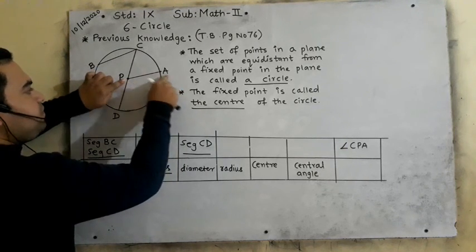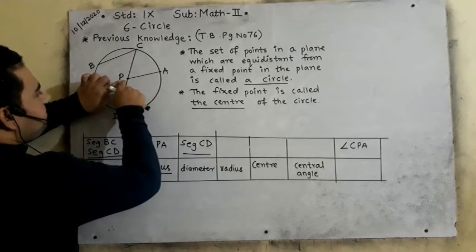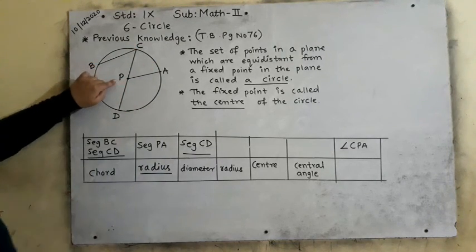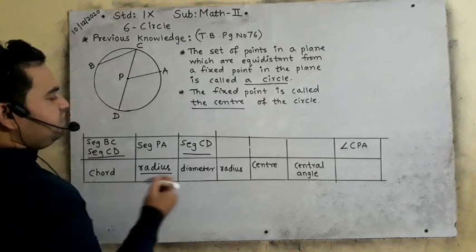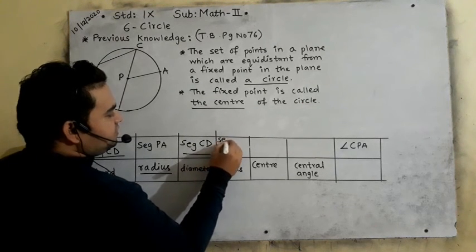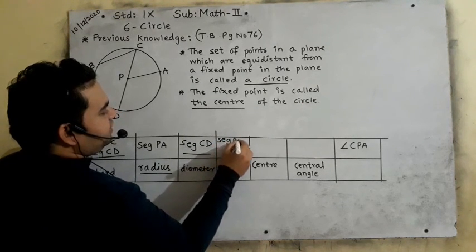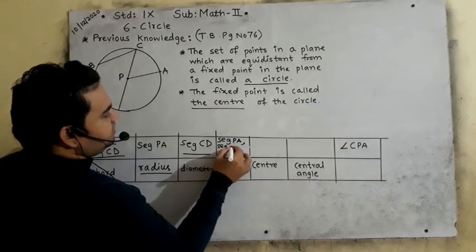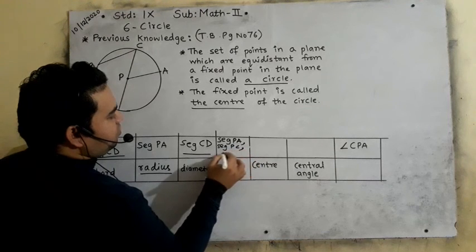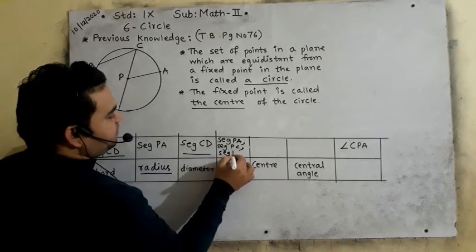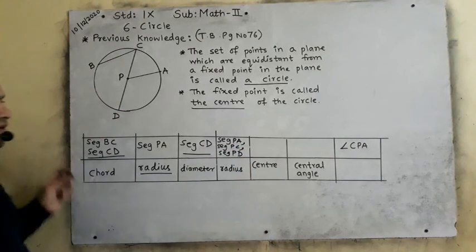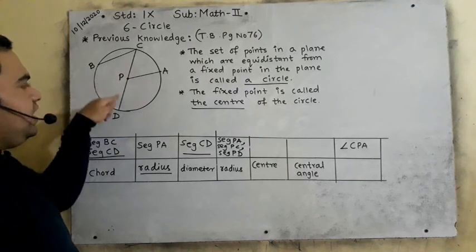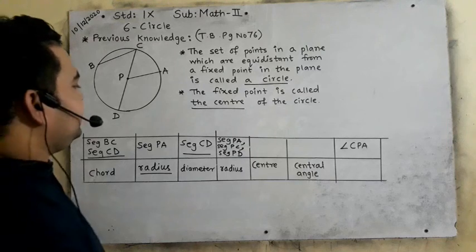Segment PA is a radius, segment PC is a radius, segment PD is a radius. So there are three radii. We will write here segment PA, segment PC, and segment PD. Total 3 radii are there.